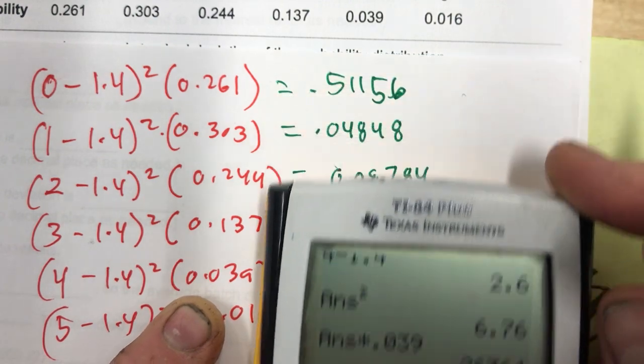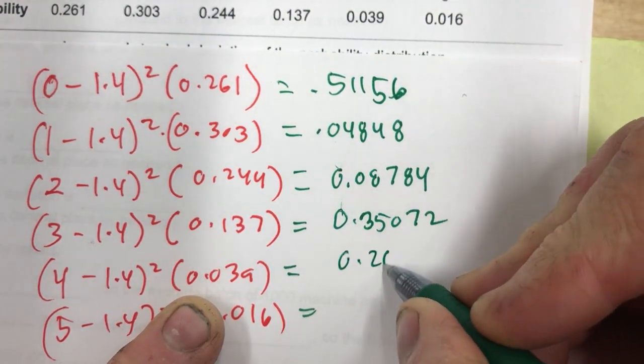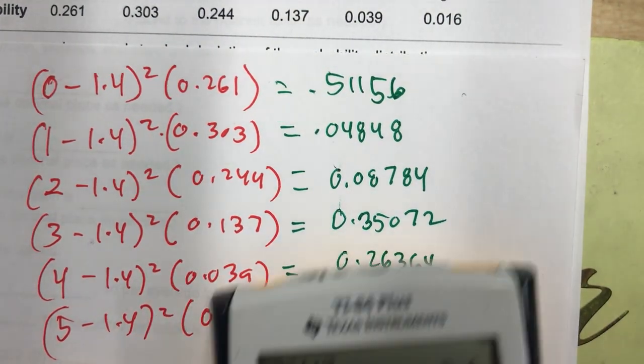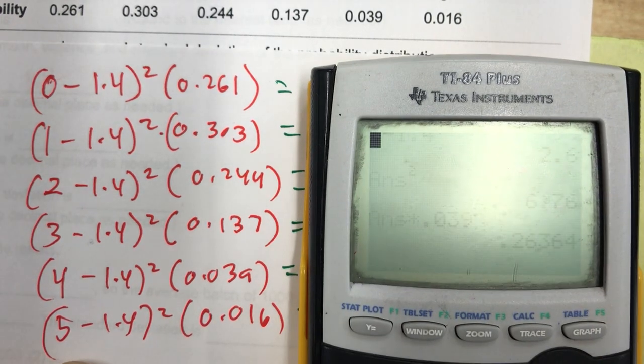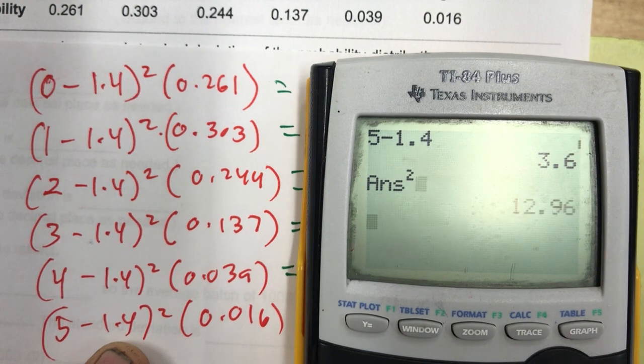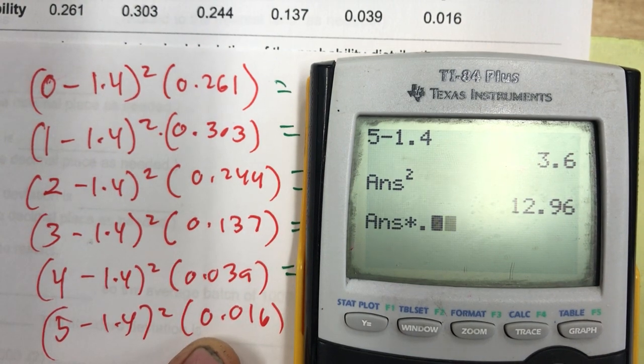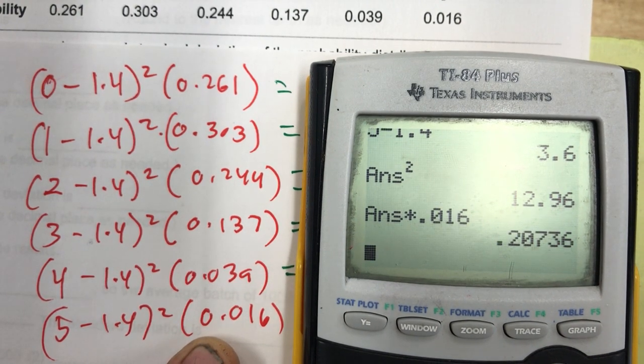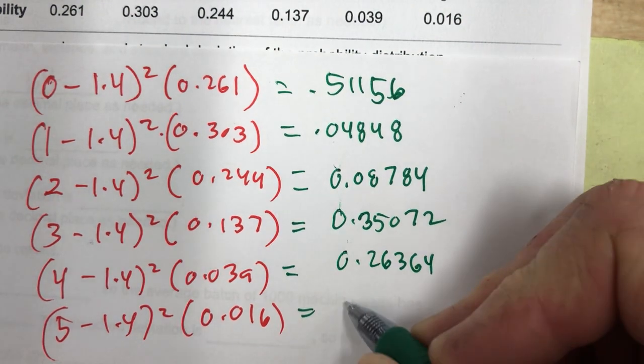And that's 0.26364. And then the last one here, I got 5 minus 1.4, enter, square it, enter, times 0.016. And I got 0.20736.